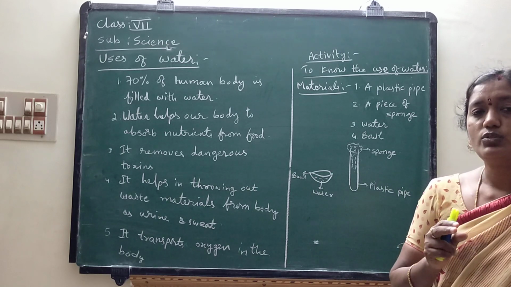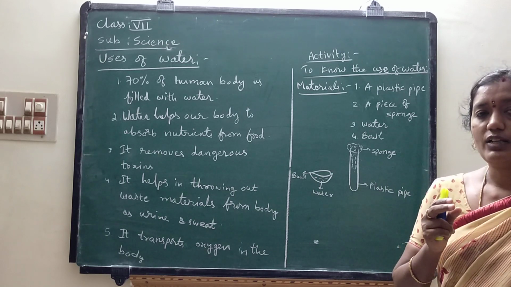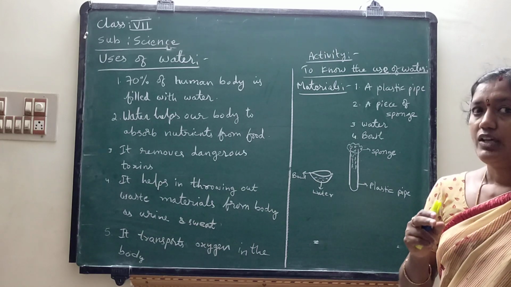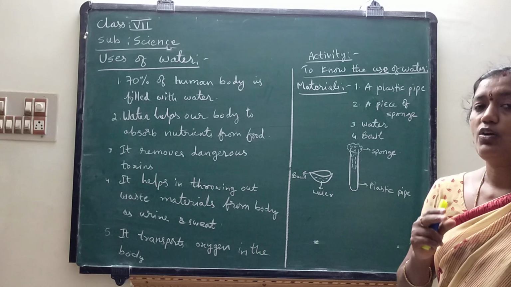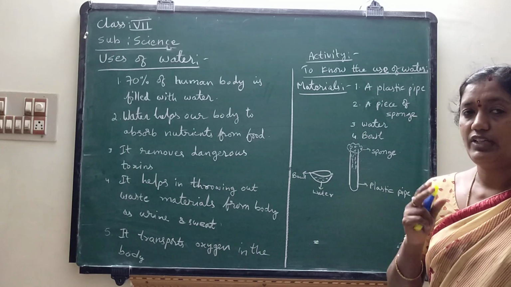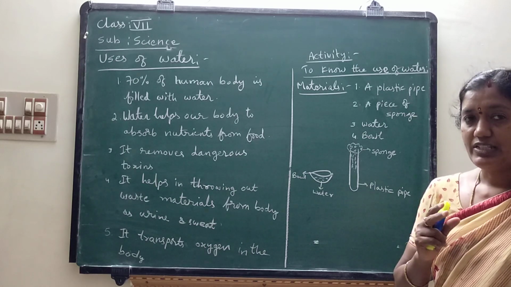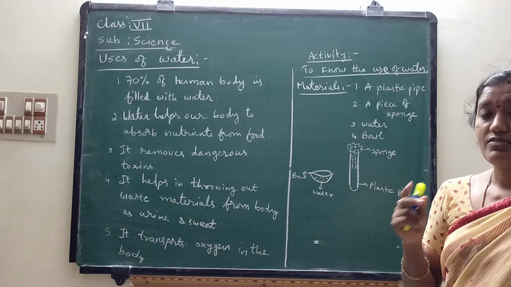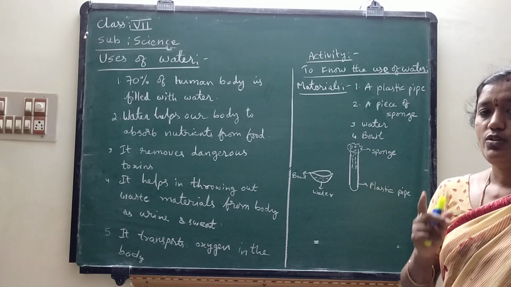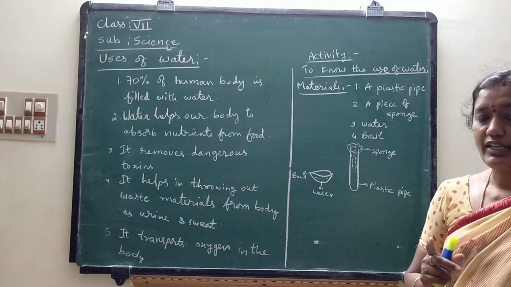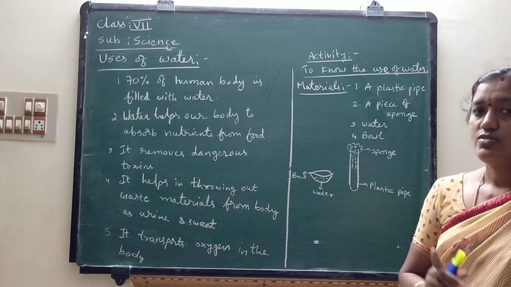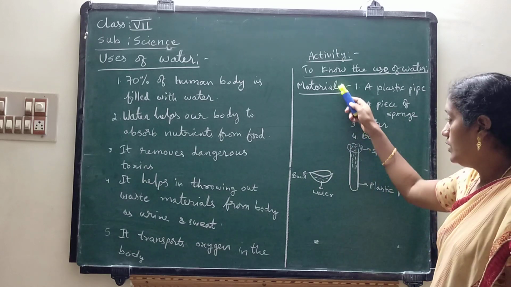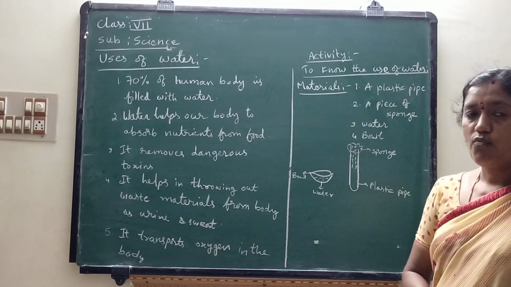In order for the food to go freely into the digestive system, children, you have to drink plenty of water, then only it will help your digestion. In the first case it doesn't go smoothly. That means whenever you are eating food, you should drink plenty of water. It helps your digestion. So children, this is the activity to know the use of water.